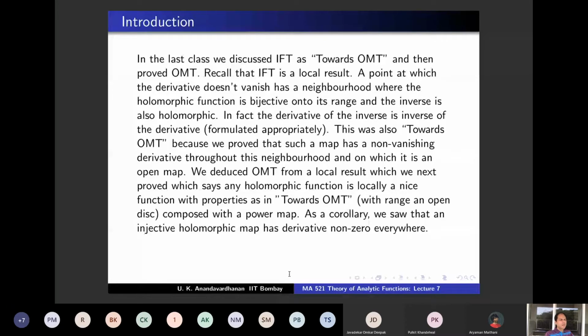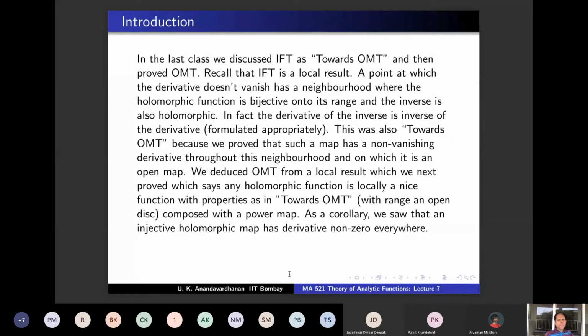Why is that? Because if the derivative is zero at a point z naught, then you can consider the function f minus f of z naught. So it has a 0 at z naught, and its derivative is also 0 at z naught.